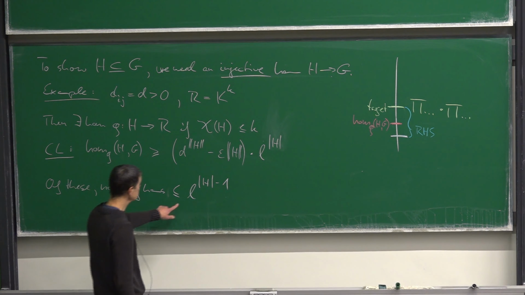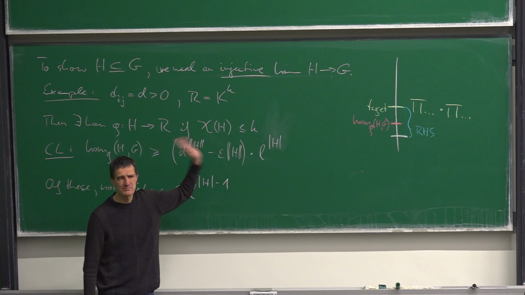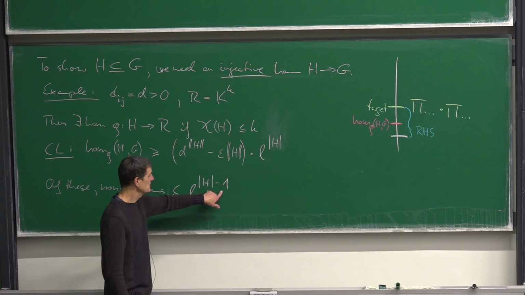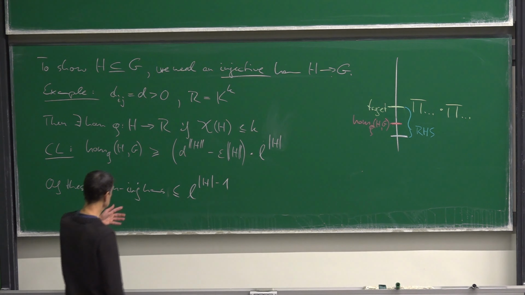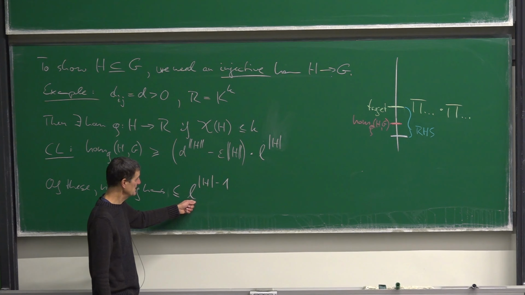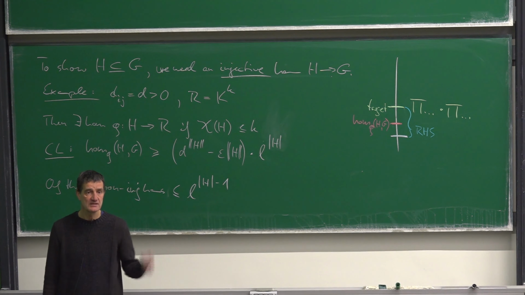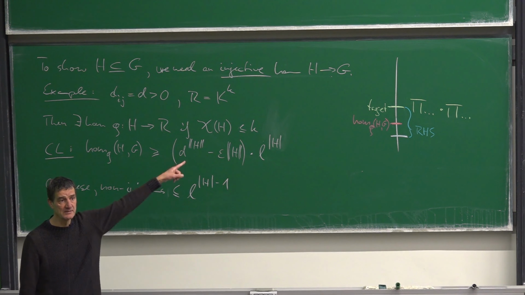So this is the number of maps, homomorphism or not. This is the number of maps in which you can map the vertices of H to their designated classes, each of size L, on the assumption that some two vertices get mapped to the same image.